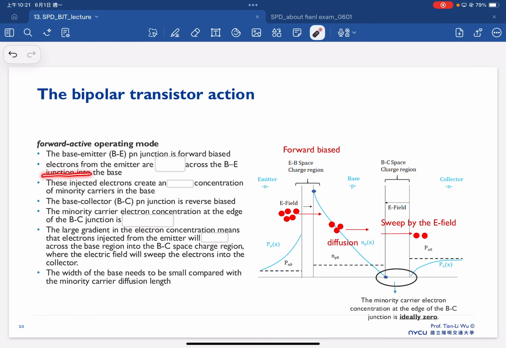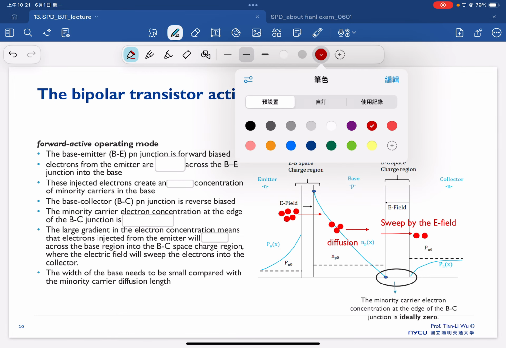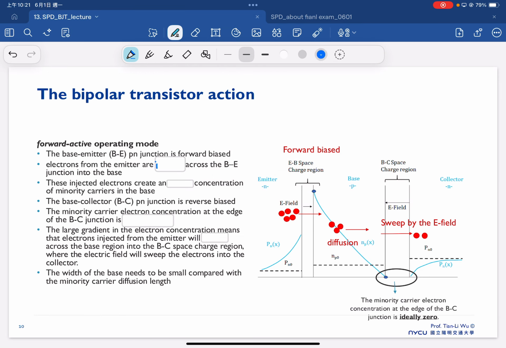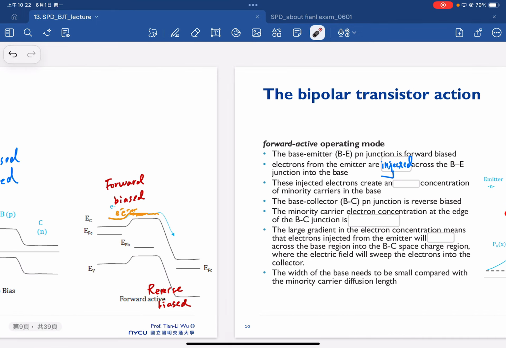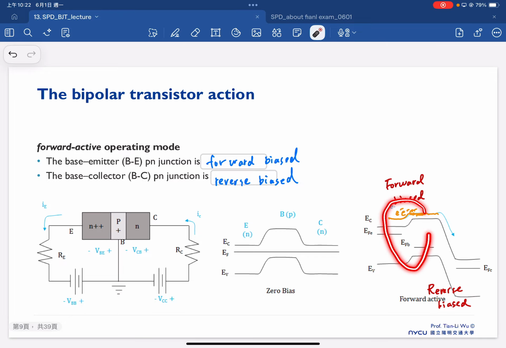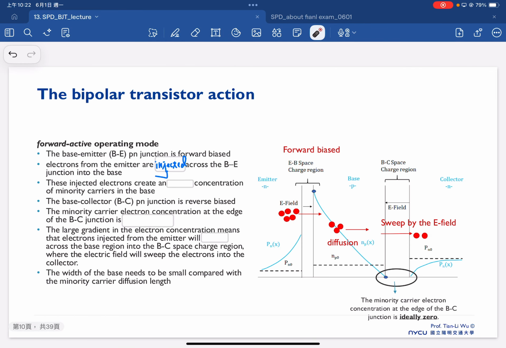So electrons from the emitter are injected across the BE junction into the base. This can be understood from this Venn diagram, that the electrons cross the BE junction and are injected into the base, as shown here.